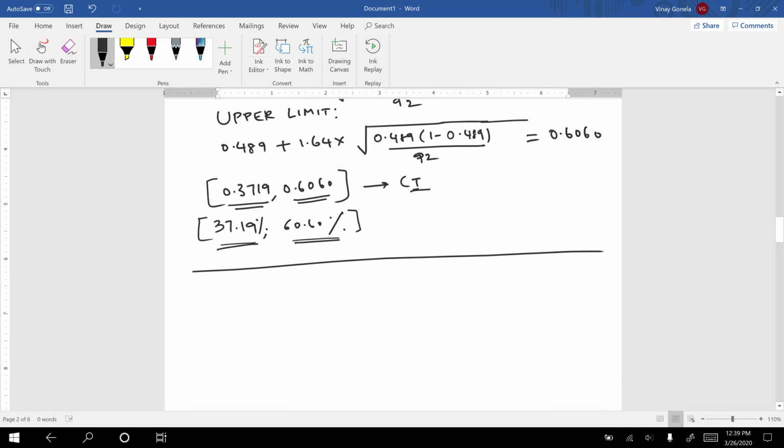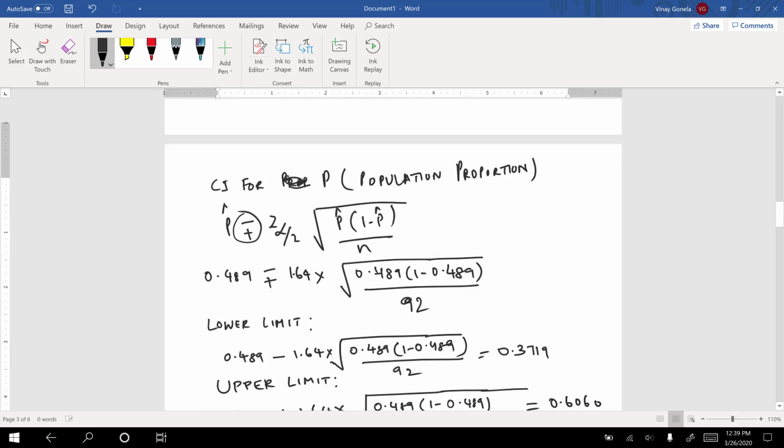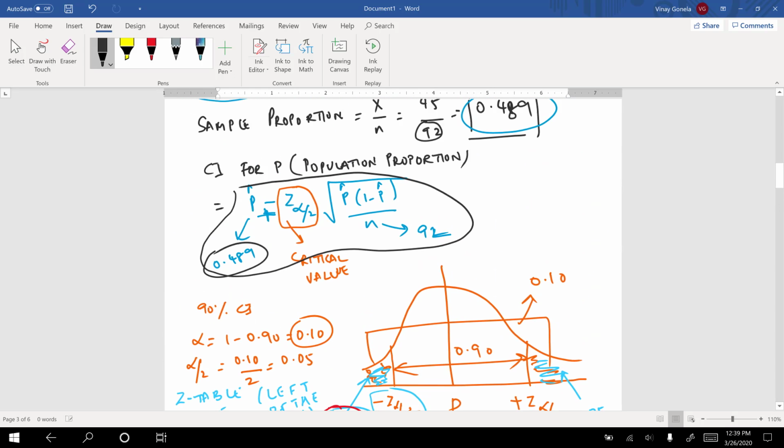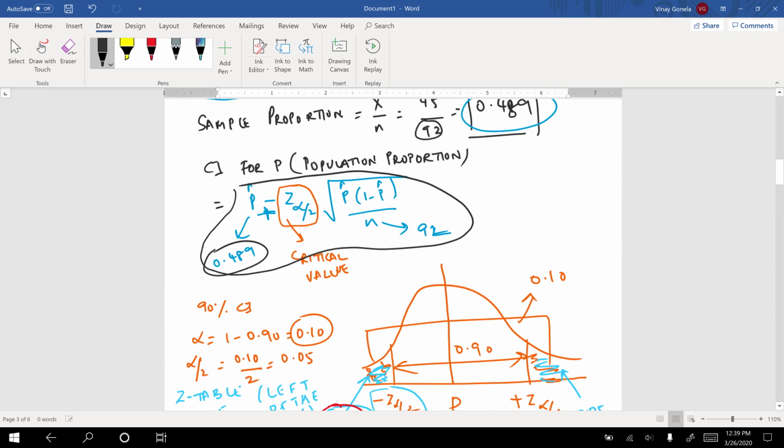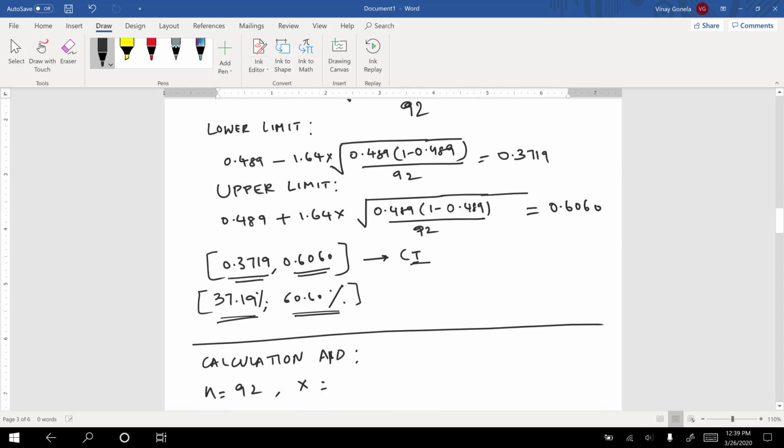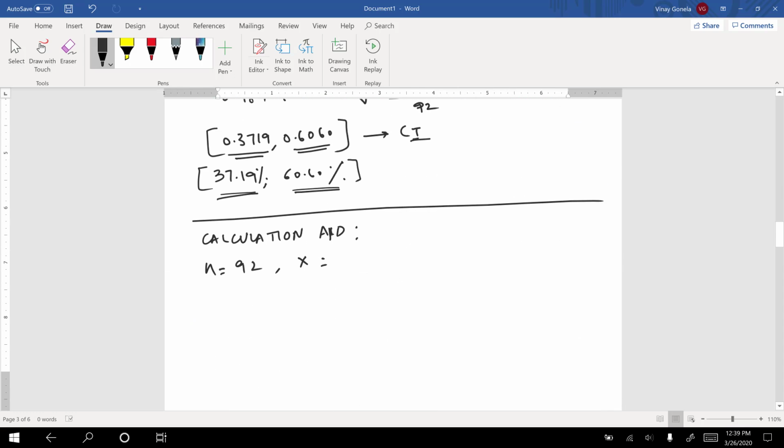I keep forgetting those numbers, so n is 92, x is 45, and 90% confidence interval.